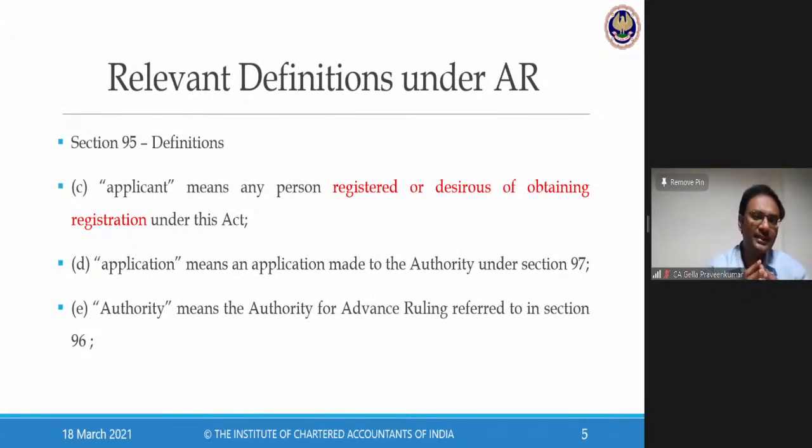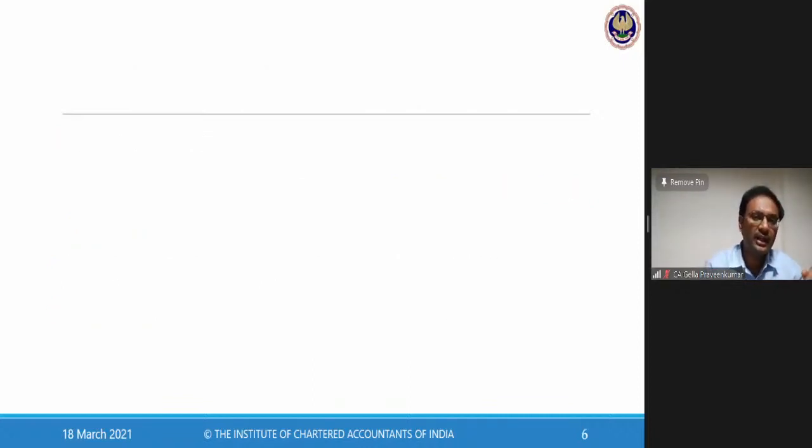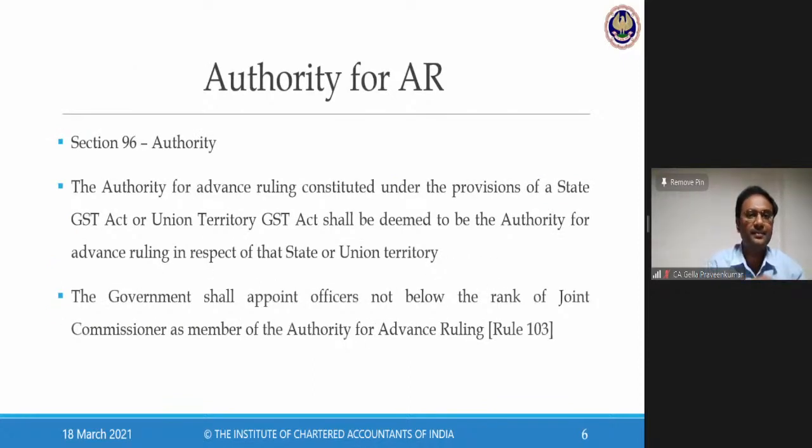So for you to understand, in this authority for advance ruling, generally there are two people. One is represented from the state, another from the center. This is what we need to understand from the definition called authority. Now, section 96 says who is an authority. Authority for advance ruling under these provisions means the authority of center, state, union territory.